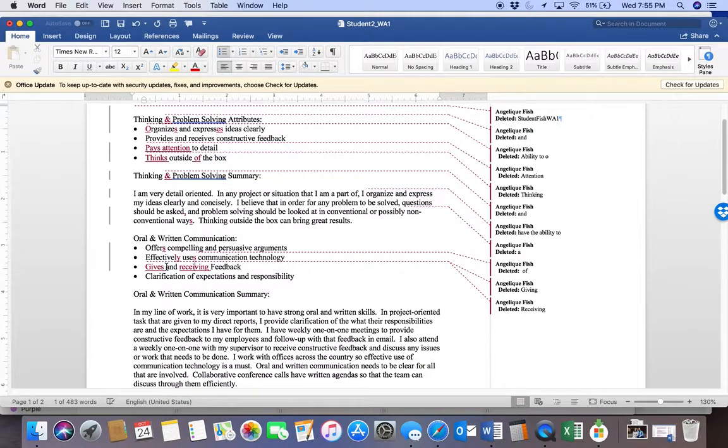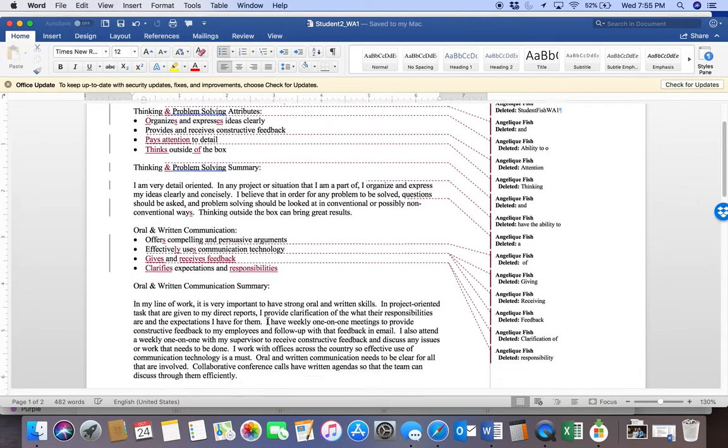Because we haven't capitalized anything else like this yet, so we want to make sure our formatting is consistent. Gives and receives feedback, clarifies expectations and responsibilities. Okay, let's see what we got here.